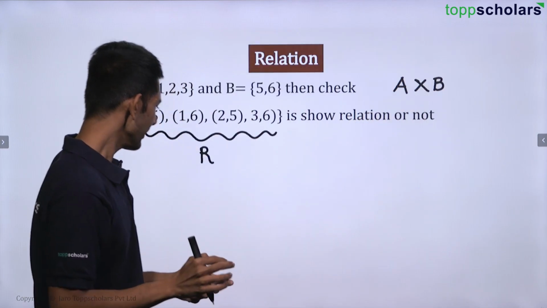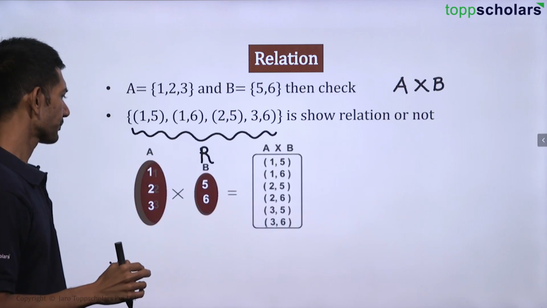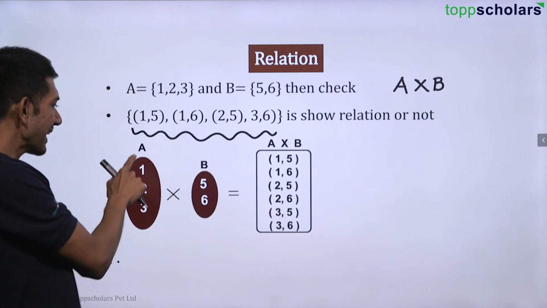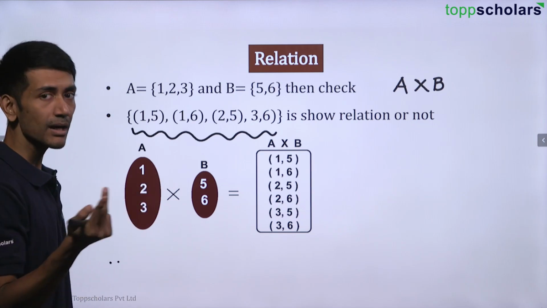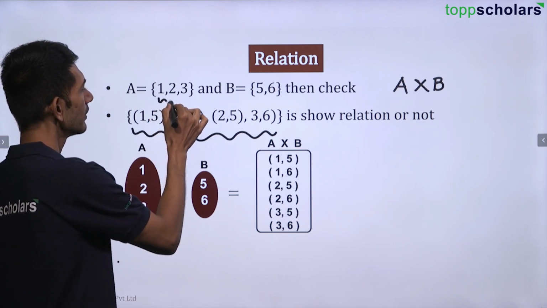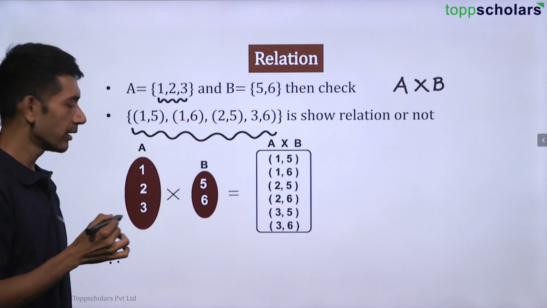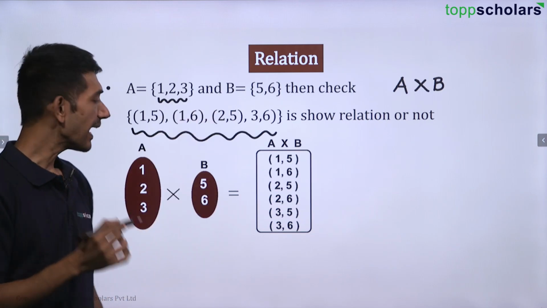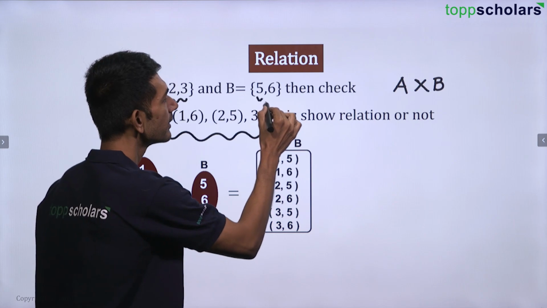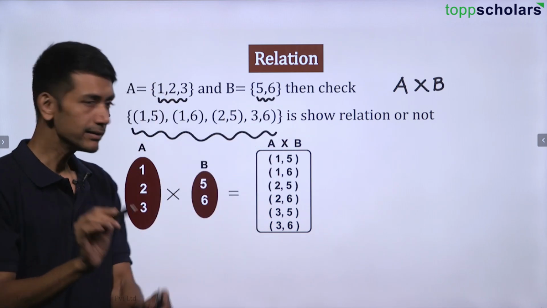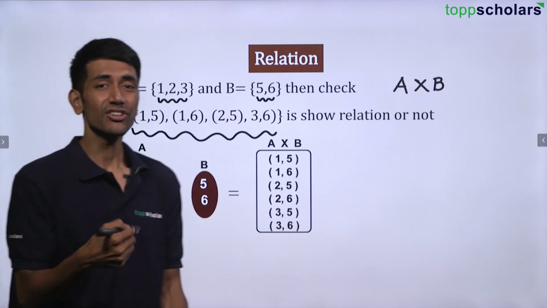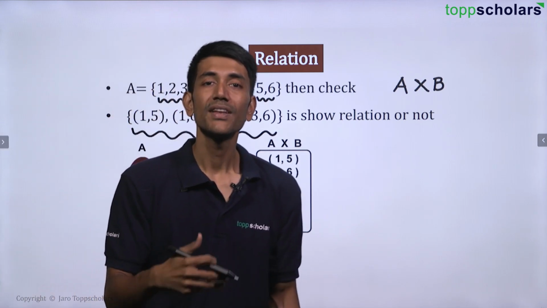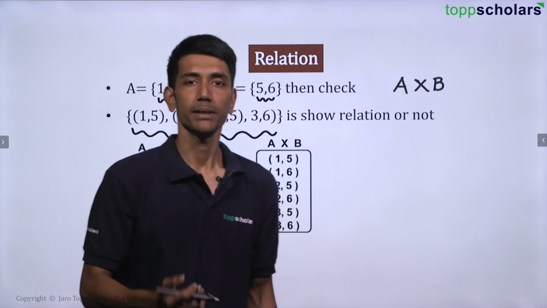So firstly, try to understand this. The two different sets are set A. The elements in set A are 1, 2, 3. Where is this coming from? It is coming from here, right? And then set B. It has the elements 5 and 6. Clear? This is A, this is B. We are supposed to find out the Cartesian product. A cross B means what? The Cartesian product of A and B. Correct?